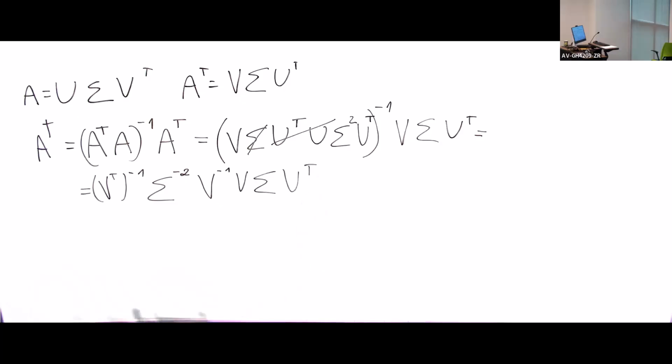But as you know, V inverse and V transpose are the same thing, so that gets cancelled in the computation. Now you have sigma inverse squared times sigma, so one sigma disappears and the square becomes 1. What you get from here is V, sigma inverse, U transpose.